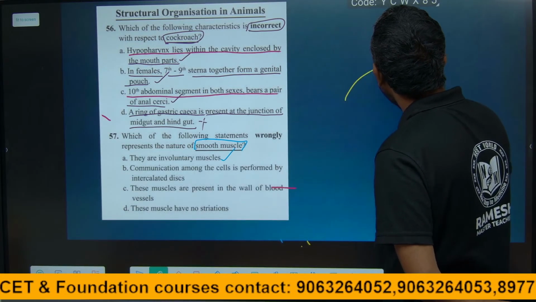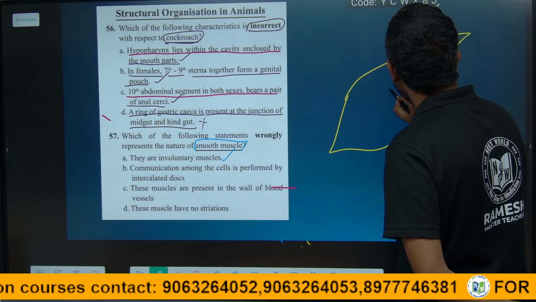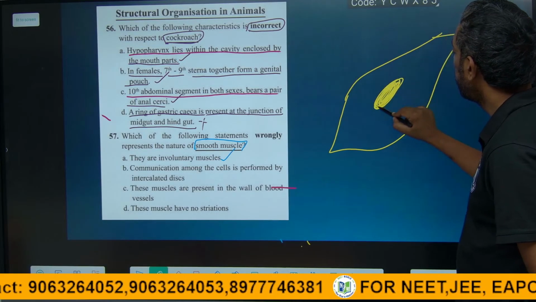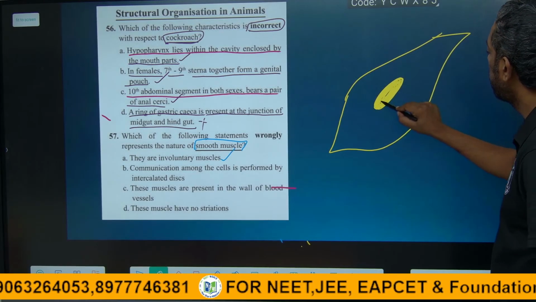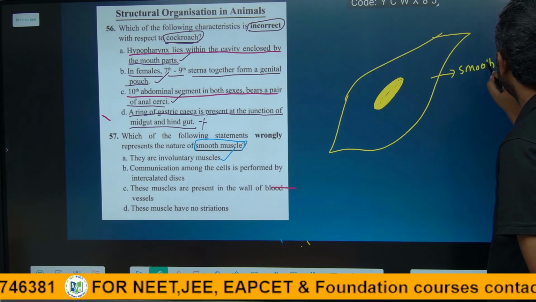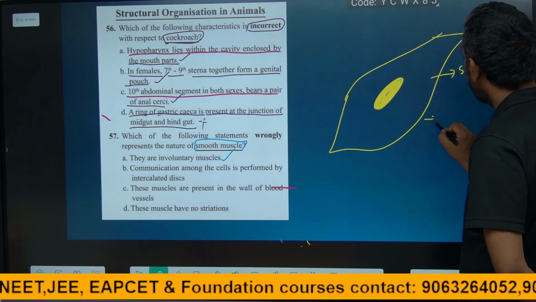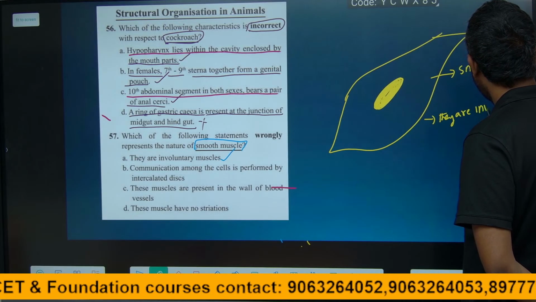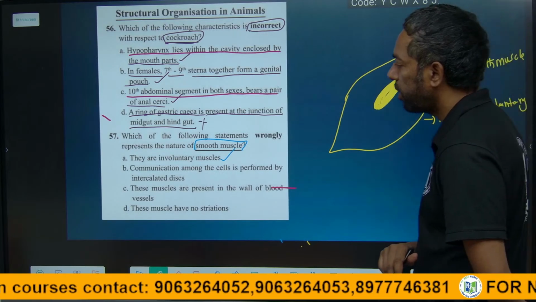Smooth muscles look like this: one nucleus, non-striated, smooth muscle. They are involuntary in nature.